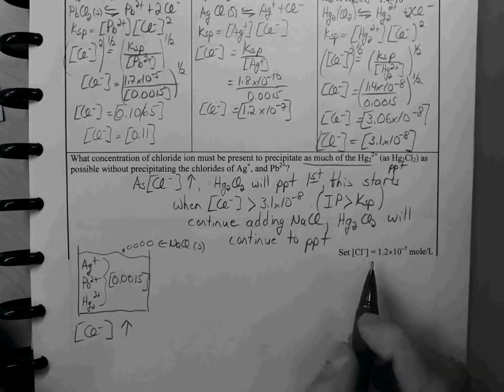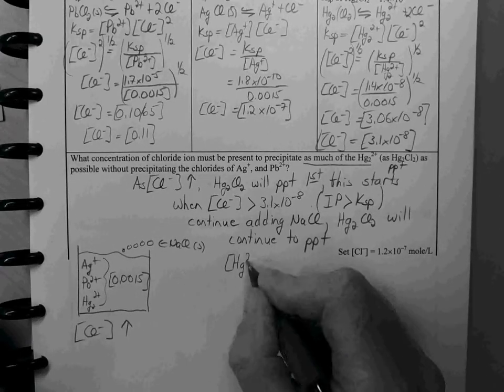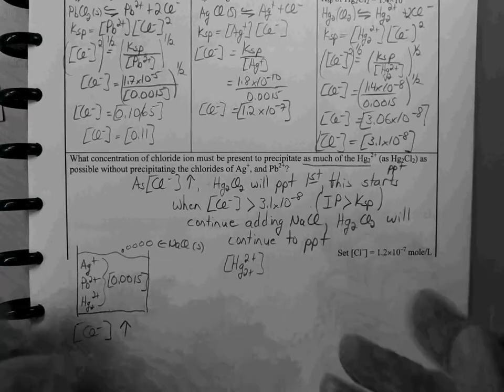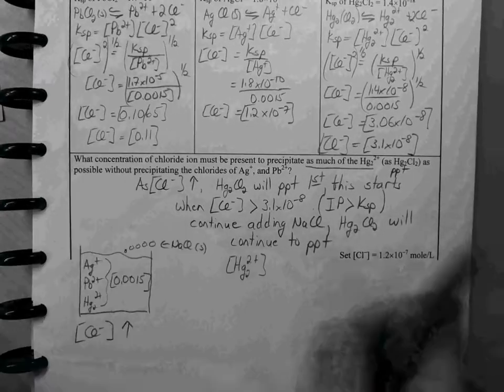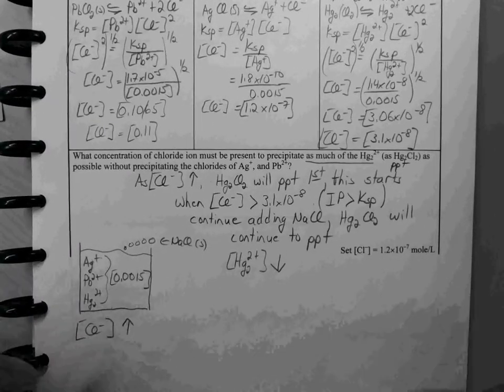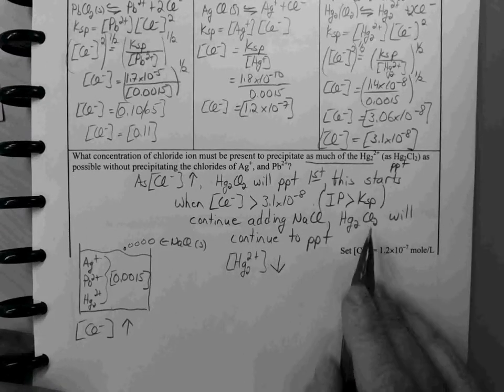And as it's precipitating, it is removing Hg2 2+ ions. So the concentration of this ion in solution is decreasing. We're removing it. The ions are being removed as this solid.